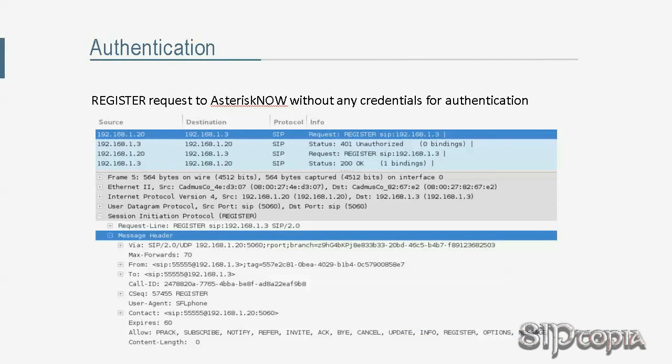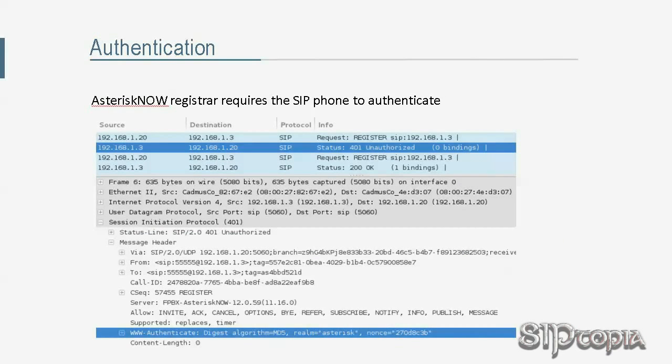First, Tarzan's SIP phone sends a register request to the Asterisk PBX without any credentials for authentication. As the Asterisk PBX, in the case of registration, the registrar component, requires the SIP phone to authenticate, it responds with 401 unauthorized.